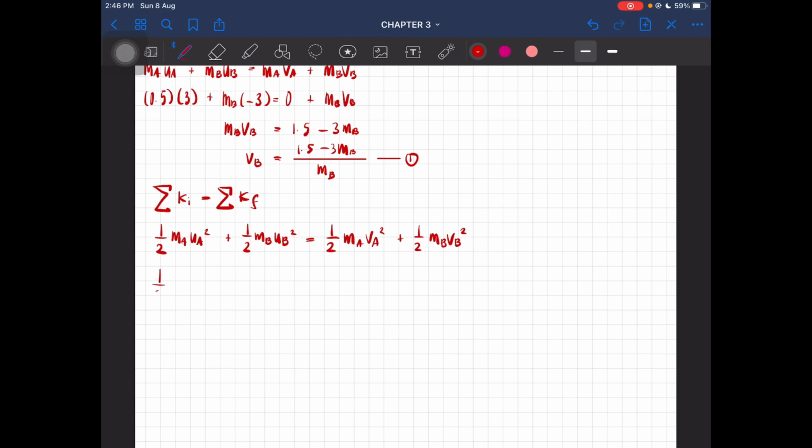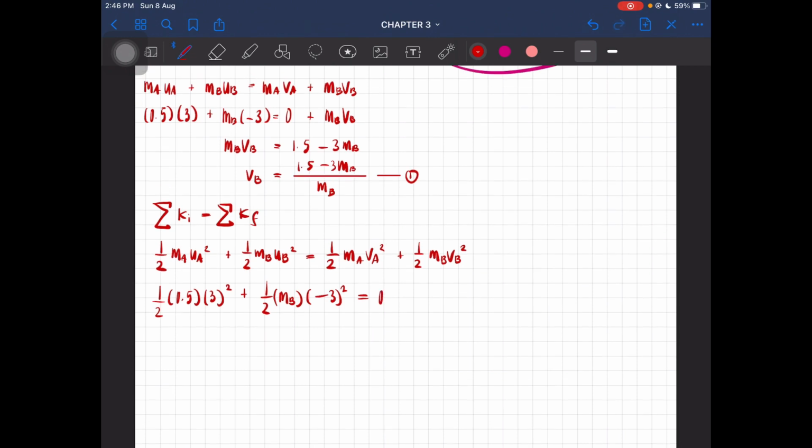Okay, so substitute: half MA is still 0.5. UA is 3 squared, plus half MB, which is unknown, and then UB is negative 3 squared. And then VA is 0, plus half MB VB squared.